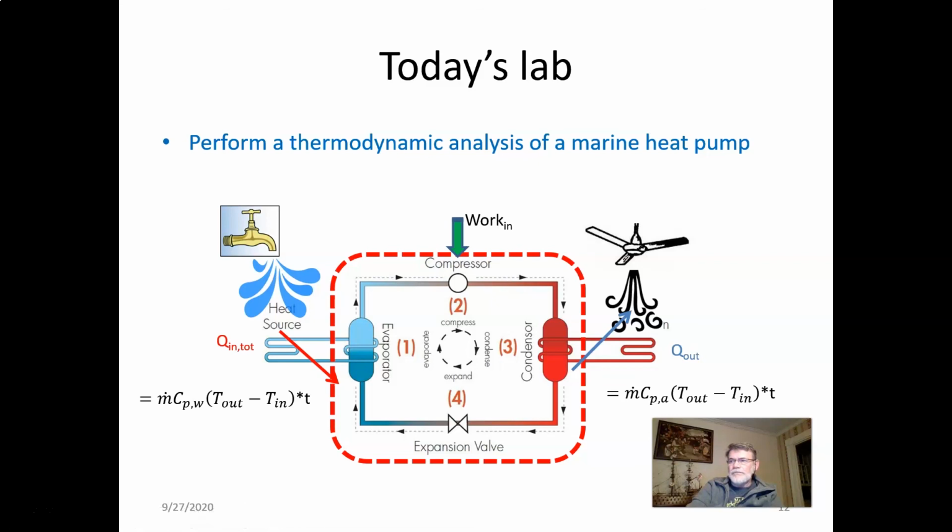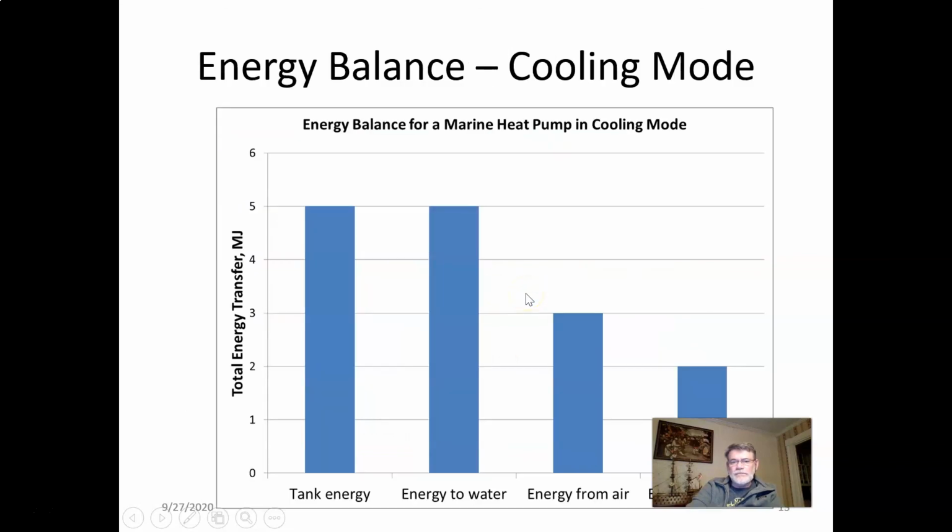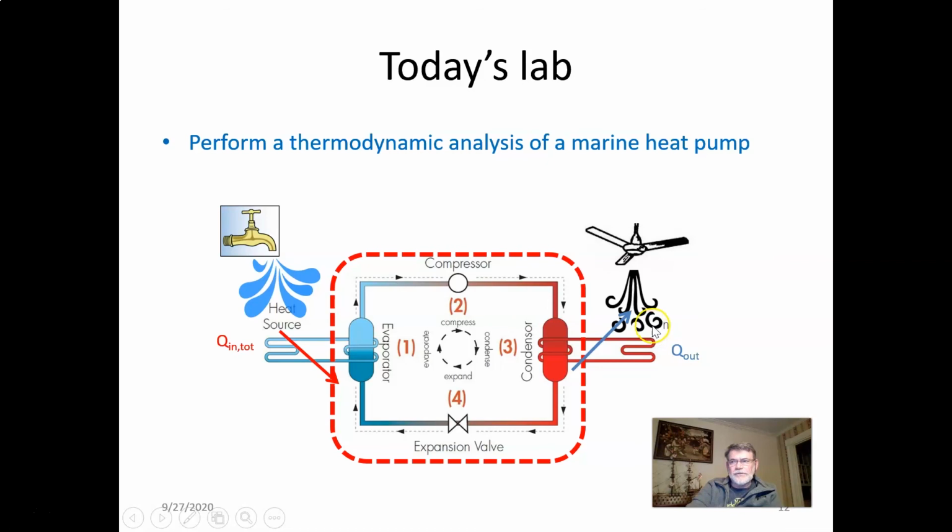We'll determine the heat pump's coefficient of performance, COP, and also calculate the cost of using this unit in both configurations, cooling or heating, refrigerator or heat pump.